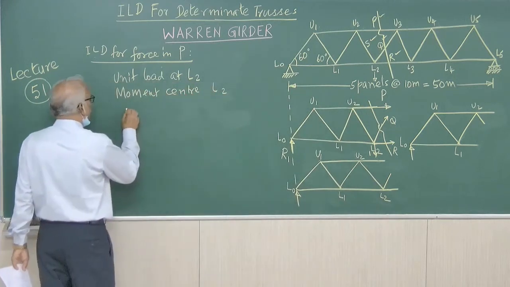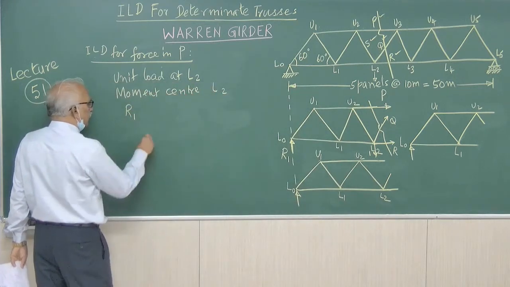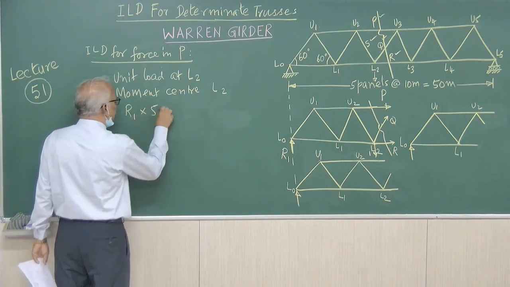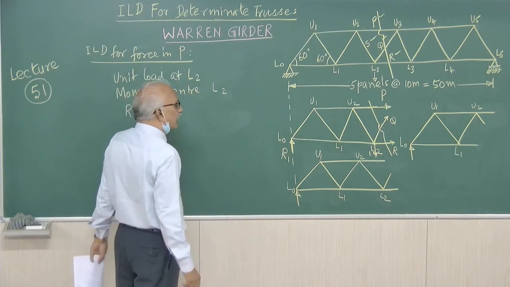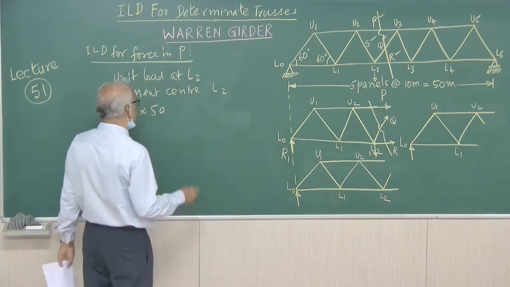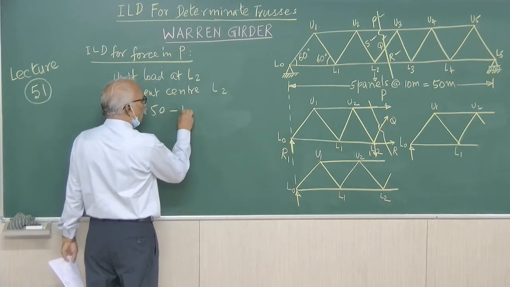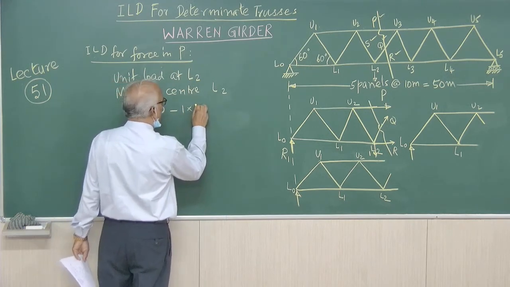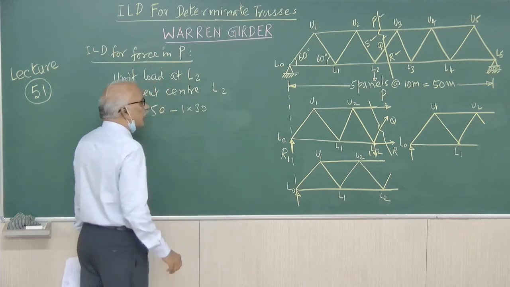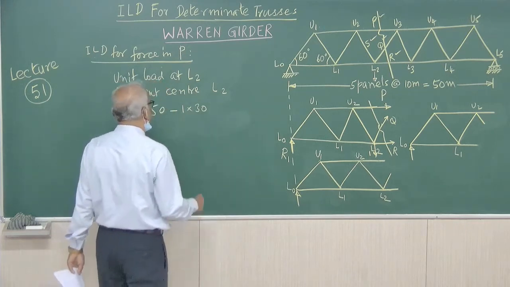So, R1 into 50, which is the span of the truss. When we are taking moment about the right end, considering the whole truss, minus 1 into 30 about the point L5, equal to 0.